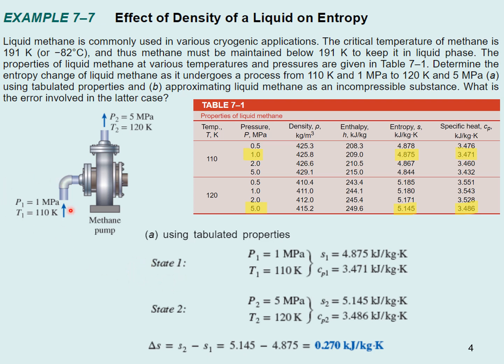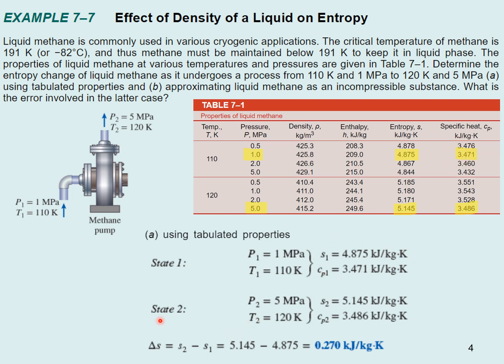Coming into the pump, we're at 1 million pascals, 110 Kelvin. So we can look in the chart at 110 Kelvin, 1 million pascals, come across, and get the entropy and the specific heat, Cp.